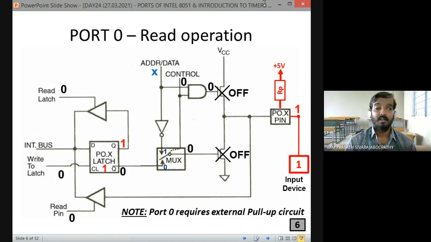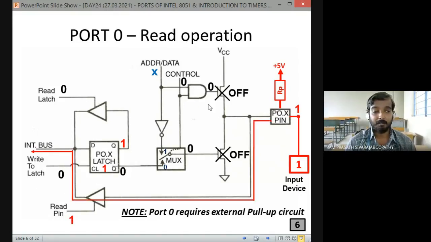Now, which signal will get enabled out of read latch, write to latch, and read pin? When this instruction executes, which buffer will get enabled? The read pin buffer will get enabled. Once it is enabled, the logic at the port pin is available at the internal bus.